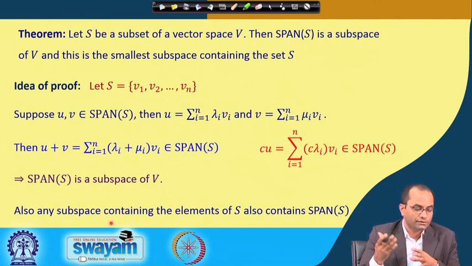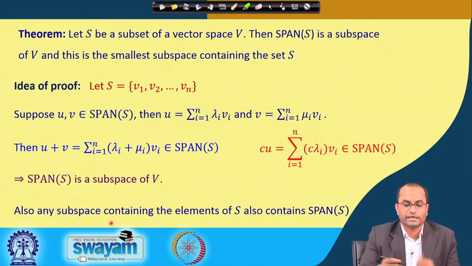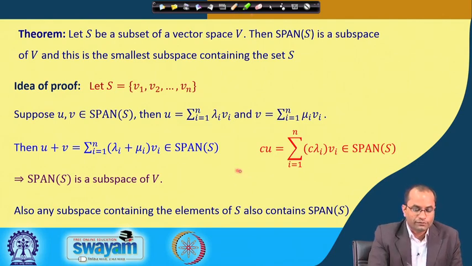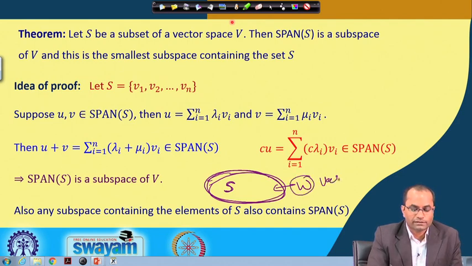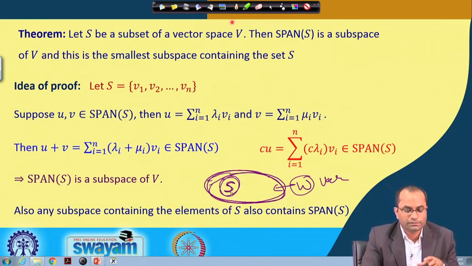Suppose we have a vector space, let us say W, which contains this set S here. Definitely, because this is a vector space, all linear combinations must be there, because when we add two elements of this, the sum must be there.